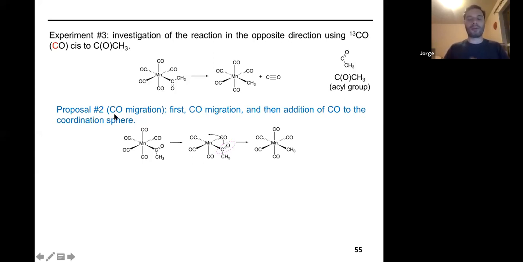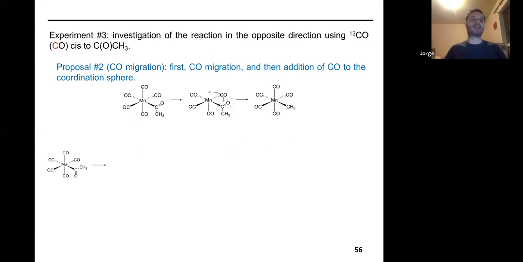Okay, remember that proposal number 2 states that there is CO migration to the vacant site and the CH3 stays over here. So let's do the same thing that we did before. Let's test all the 4 possibilities and see what are the products formed.